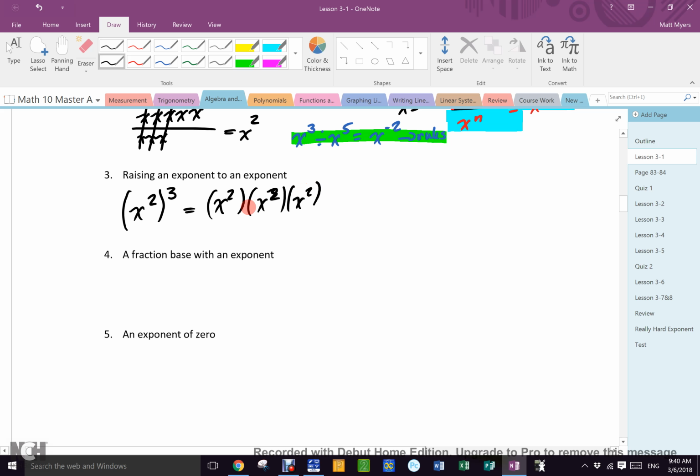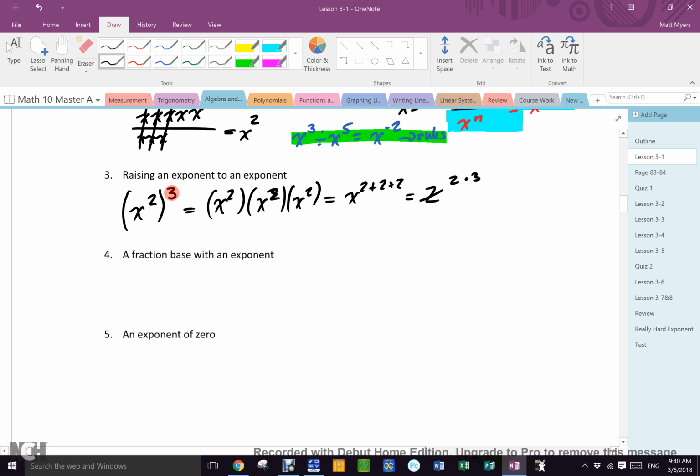But math guys have given us a shortcut to addition over and over again. What is it? What do we do instead of adding? We multiply. So when we are adding the same thing over and over, we can multiply. So this is x to the 2 plus 2 plus 2, which is the same as x to the 2 times 3.